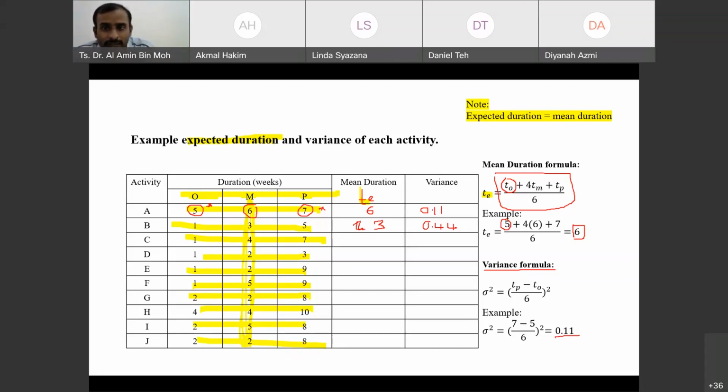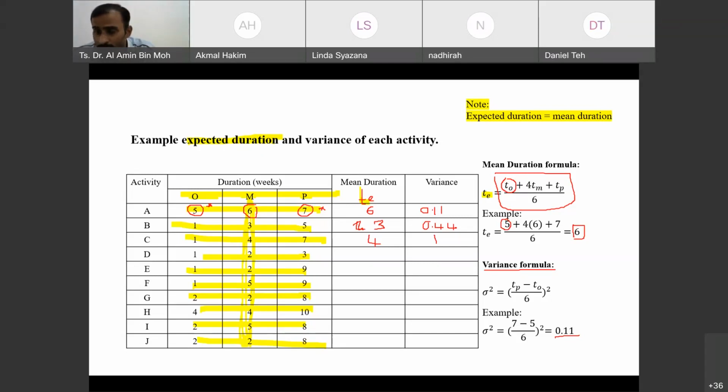Okay, what else? 4. Okay, here 1. D. So please, everyone, take this opportunity to calculate so you know how to use the formula. Basically you don't need the formula if you understand the flow.